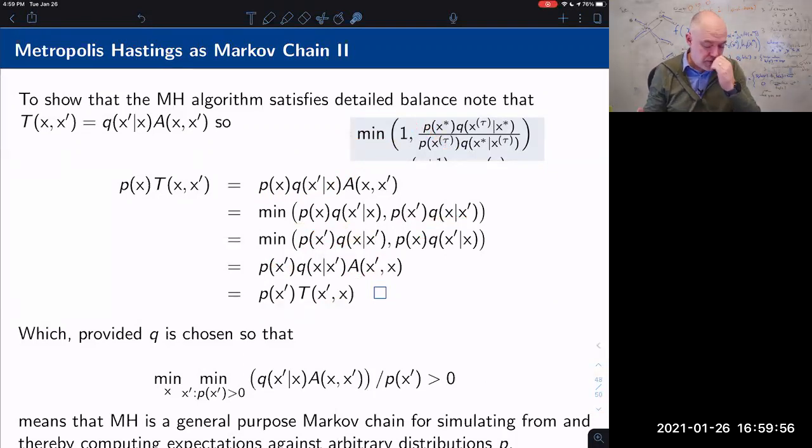So the Metropolis-Hastings algorithm is a parameterized Markov chain transition operator that satisfies detail balance. Markov chain transition operators that satisfy detail balance result in ergodic Markov chains, which means that basically we'll explore the entire space.